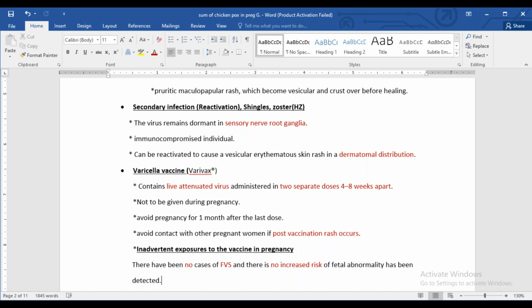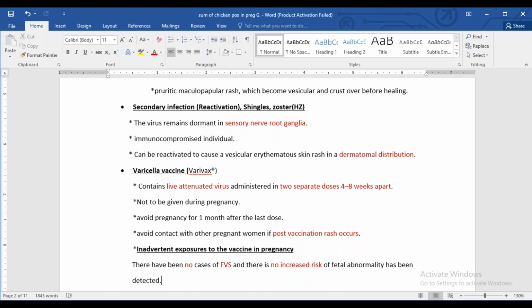So when the woman comes to you and she says, I have contact with some person who diagnosed that he or she has shingles, you have to ask, where is the site? Is it exposed one? Is it ophthalmic, somewhere exposed area, or it's covered area like thoracic nerve distribution?